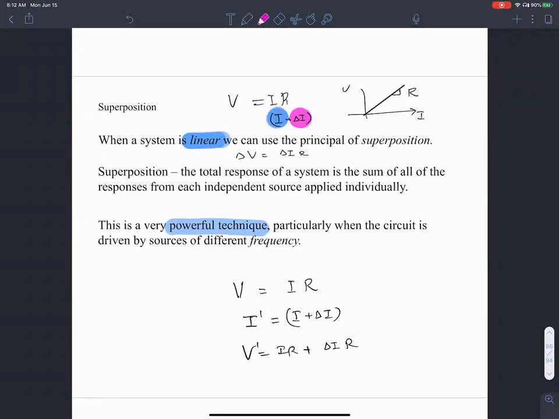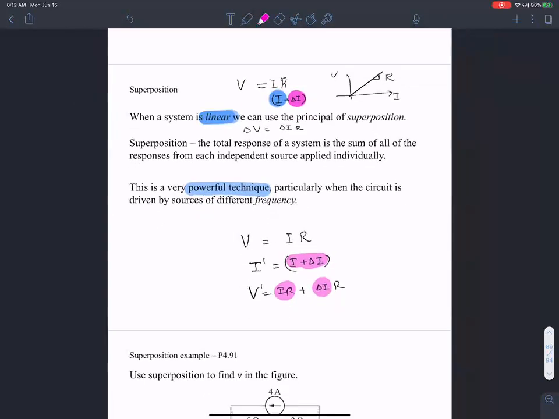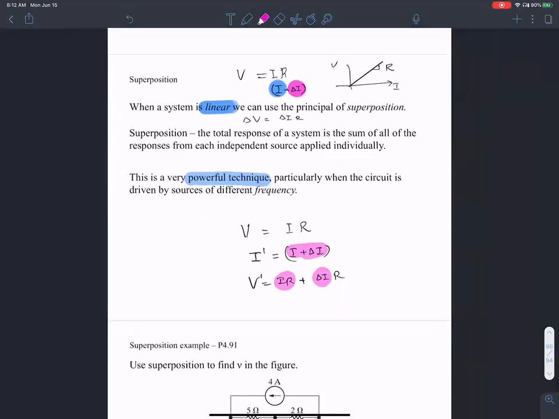So the effect of two inputs can be broken down into individual responses. I'll show you in a minute.